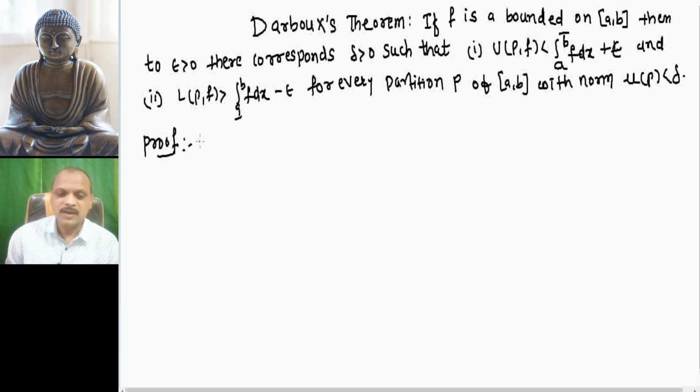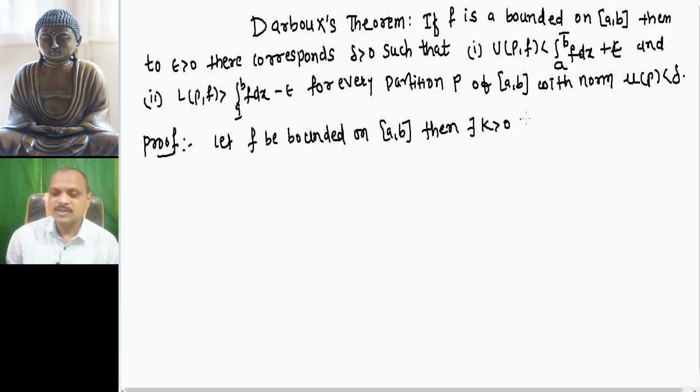So first let f be bounded on the closed interval [a, b], then there exists k greater than 0 such that mod of f(x) is less than or equal to k. The function is given as a bounded function.